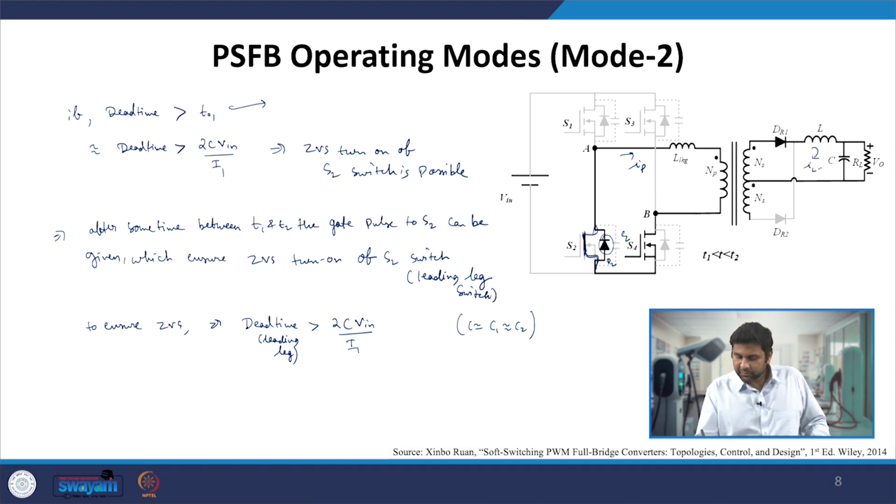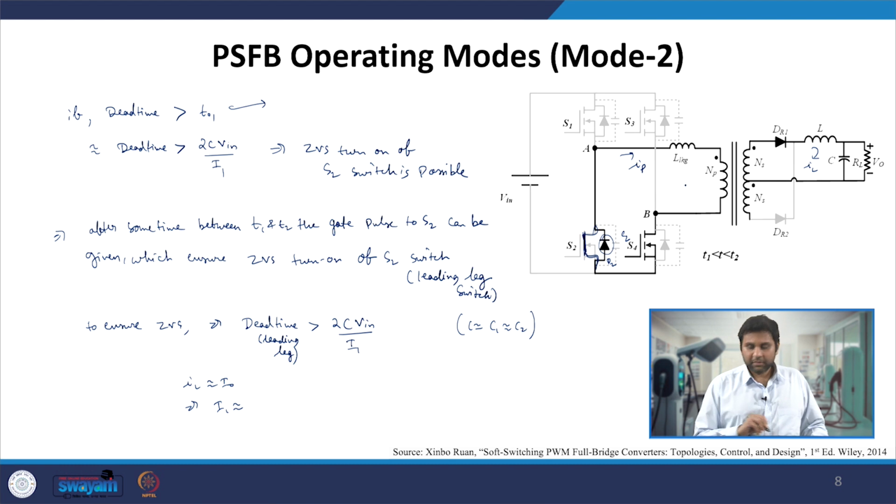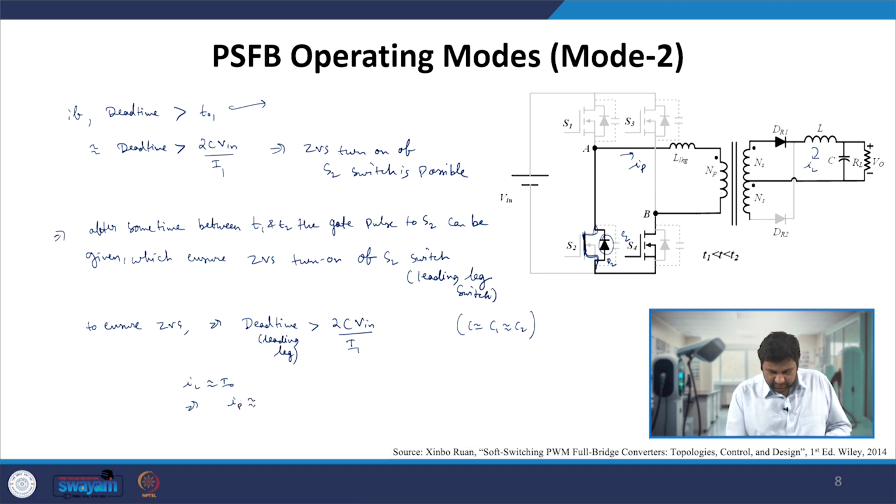And if we take the IL current to be nearly equal to I naught, then I1 is nearly equal to IL reflected onto IP. So IP is nearly equal to N times IL. Since IL is nearly equal to I naught, we can say that I1 is nearly equal to N I naught.